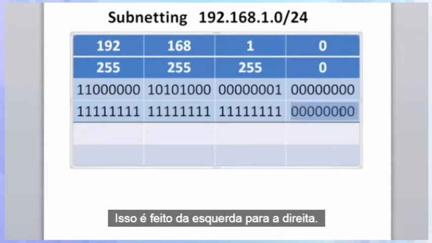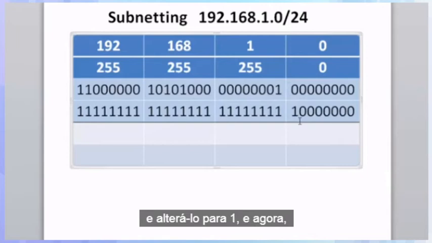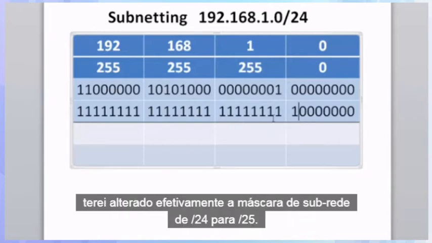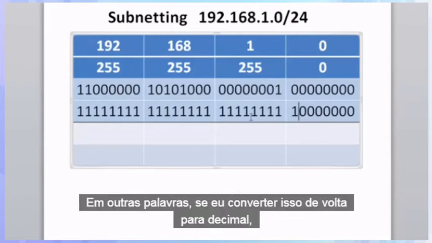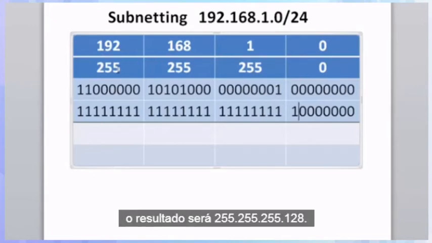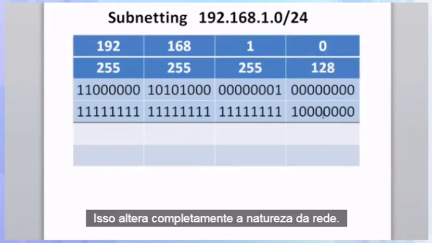This is done from left to right. So I could take this first 0 here on the left and change it to a 1. Now I've effectively changed the subnet mask from /24 to /25. If I convert this back to decimal, it's now 255.255.255.128. This completely changes the nature of the network.